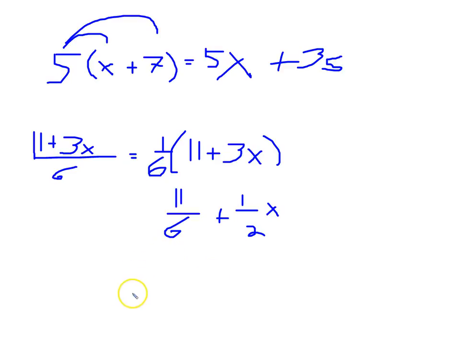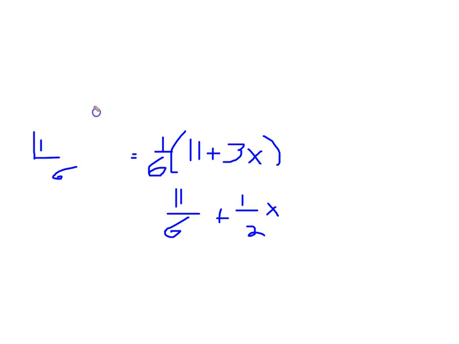Alright, I'm just going to erase this stuff. Alright, example number 3 looks like this. You have a negative sign in front of something with the distributive property.